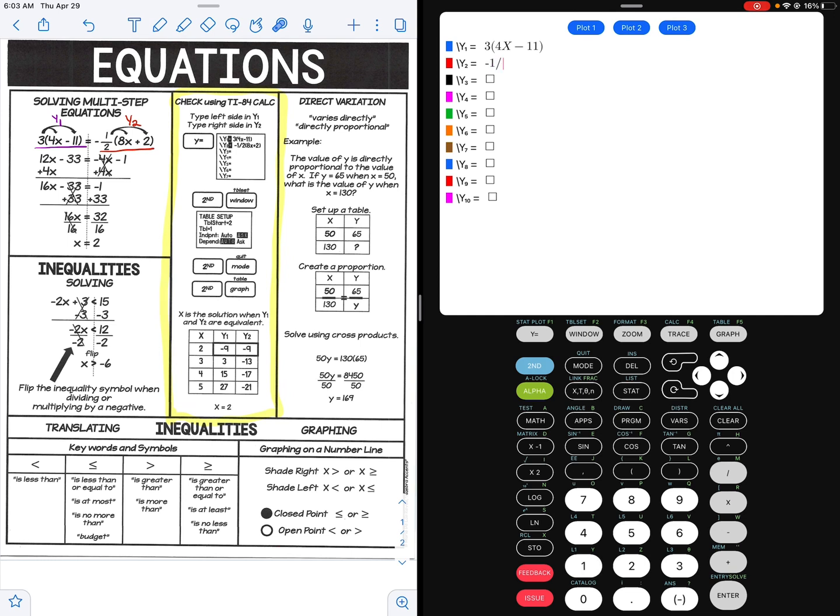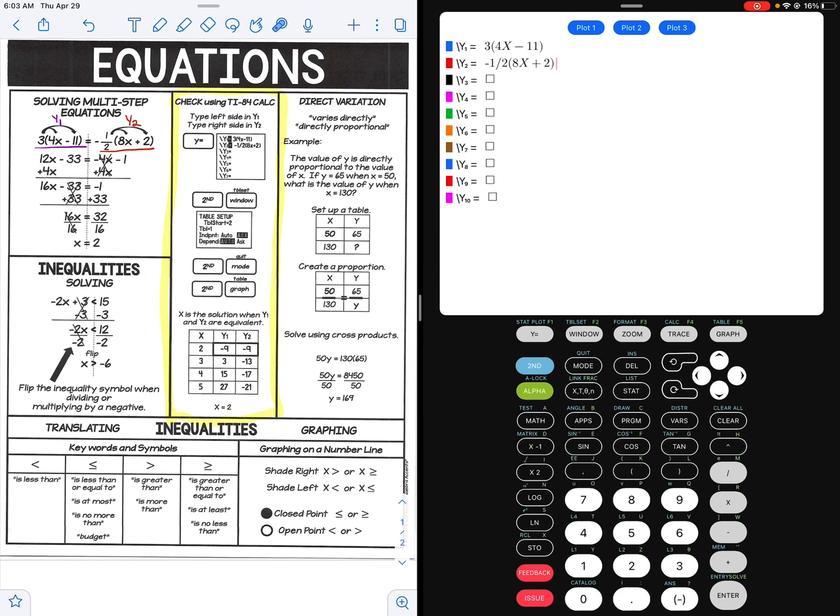To do the over, we press the division sign right above the multiplication symbol. Divided by 2, open parentheses right above the 8, 8x plus 2, close parentheses. Now that we have that in the calculator, your screen should look like my screen.